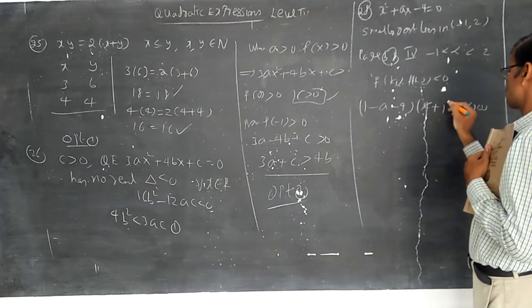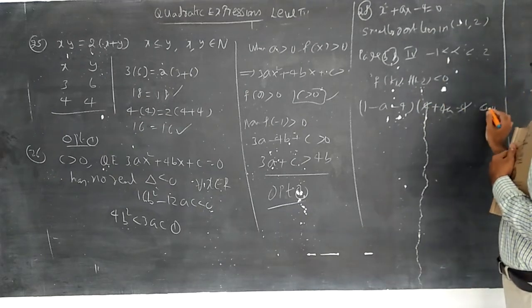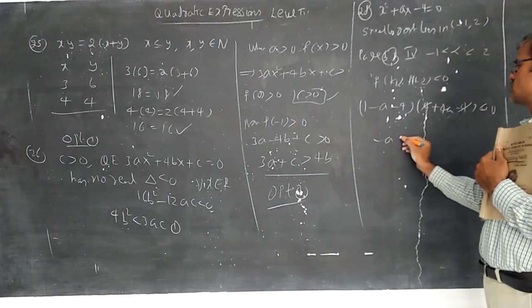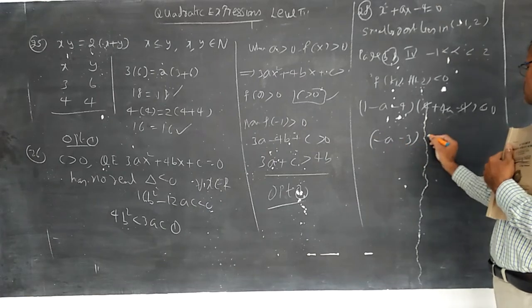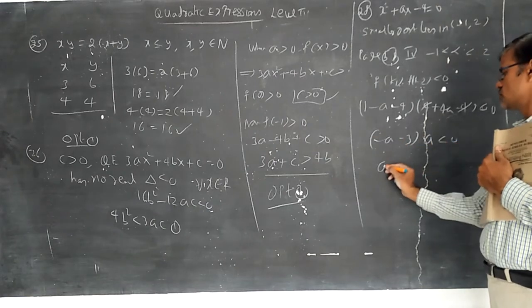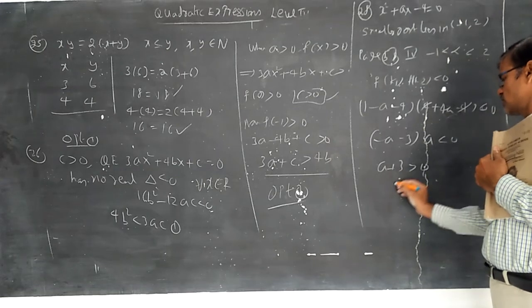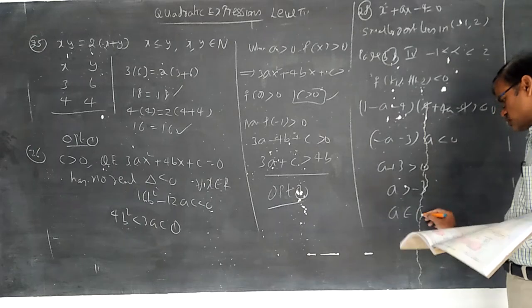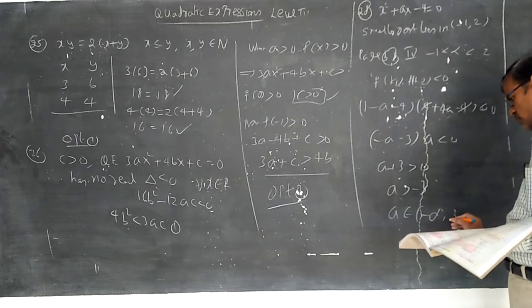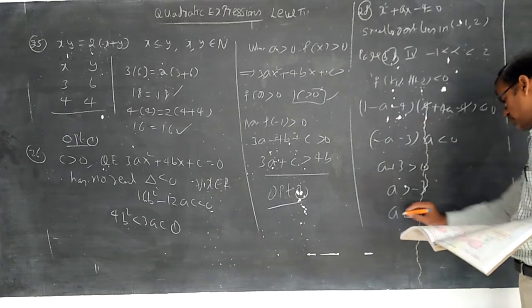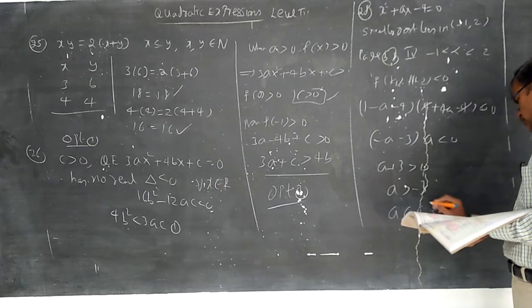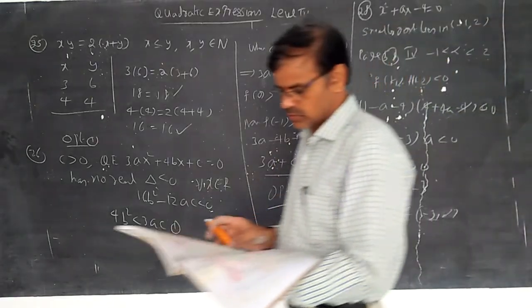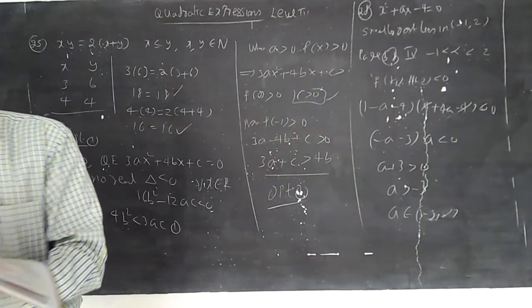The 4 gets cancelled, so minus a minus 3 into a less than 0, so a plus 3 into a greater than 0. So a belongs to minus infinity comma minus 3 union 0 comma infinity.